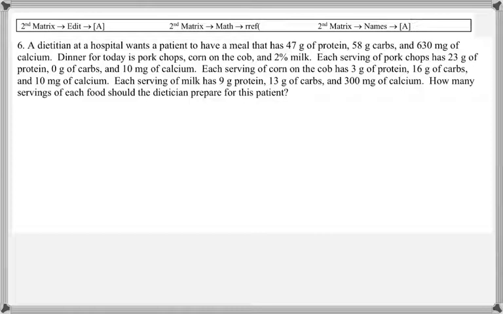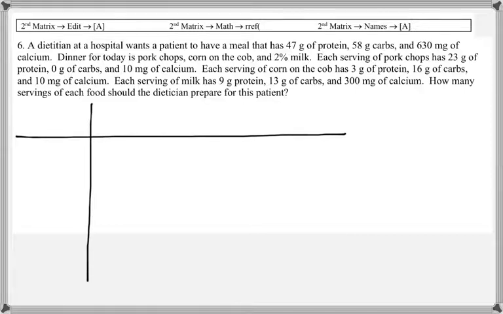Okay, so we have a lot of information here, and I want to organize my information in a table. I'm going to have a totals column here, and again, our question normally asks what it wants in the last sentence.